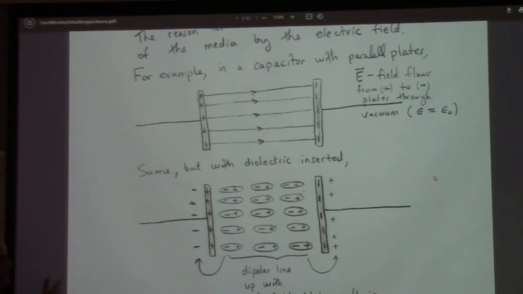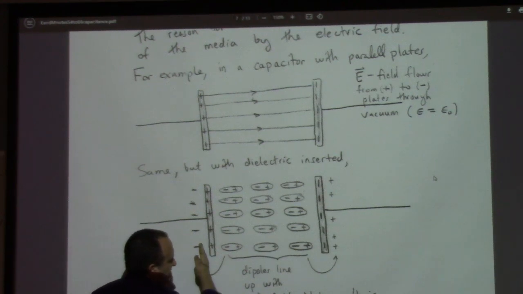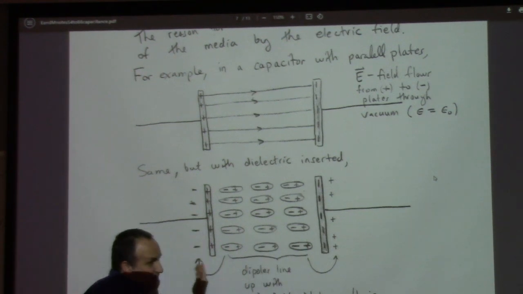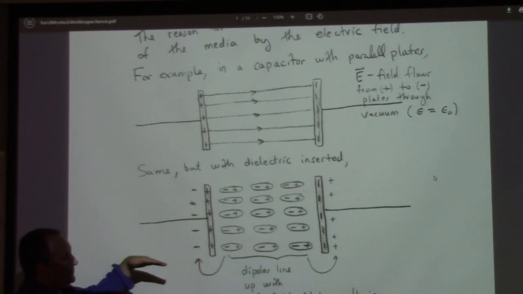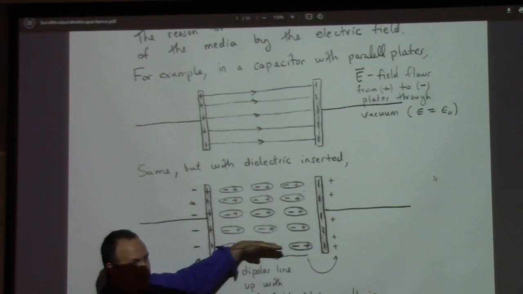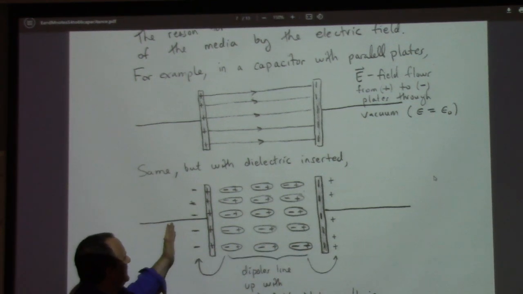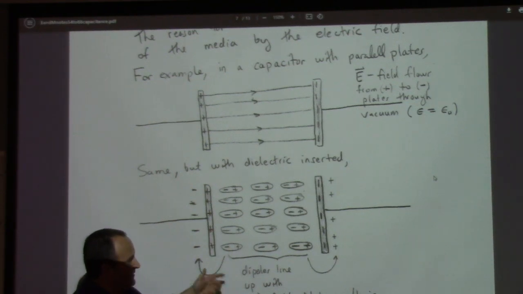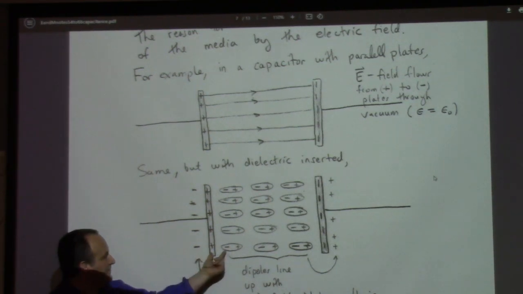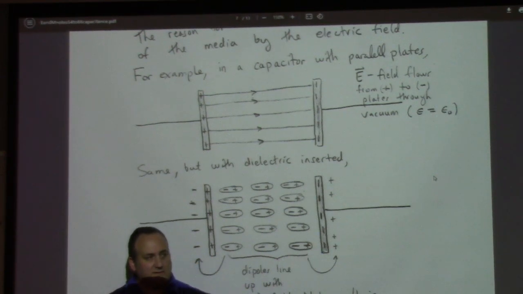But if they go through a material that has a polarization, a regular crystalline structure with molecular dipoles arranged like so, then these line up with the E field, and you end up with less charge here and there overall, so you have a lower E field effectively. That's one way to understand it.